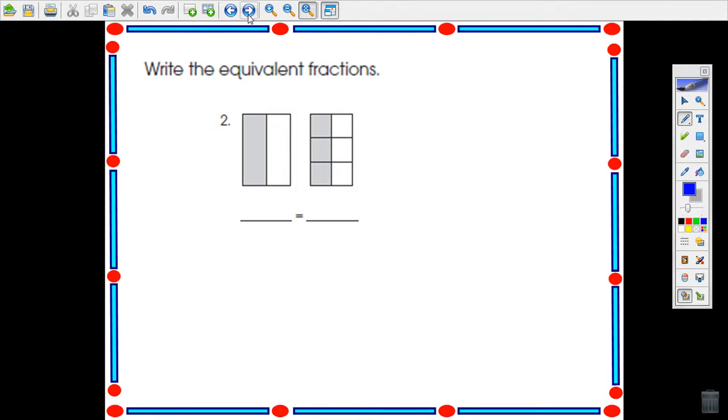Okay, how about this one? Your numerator is the gray part. How many do we have shaded in? 1. Out of how many total? 2. So we have 1/2 shaded in gray. You could also say 1/2 is shaded in white if we were focusing on the white part. Here we have 6 total pieces, so that's our denominator, and we have 3 shaded in gray.